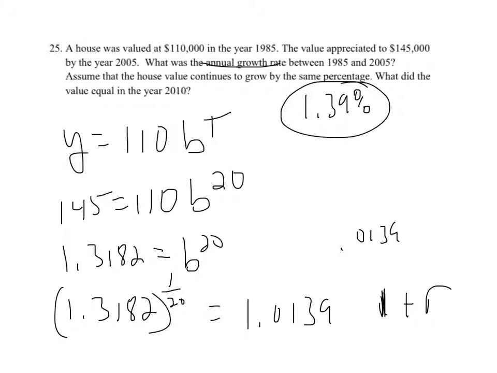Now they're asking us to assume it continues, so that tells me my equation's 110 times 1.0139 raised to some power and some time, and 2010 was 25 years after 1985. So we're just going to calculate that. I won't bother showing you the calculator with this, because it's the same kind of deal.